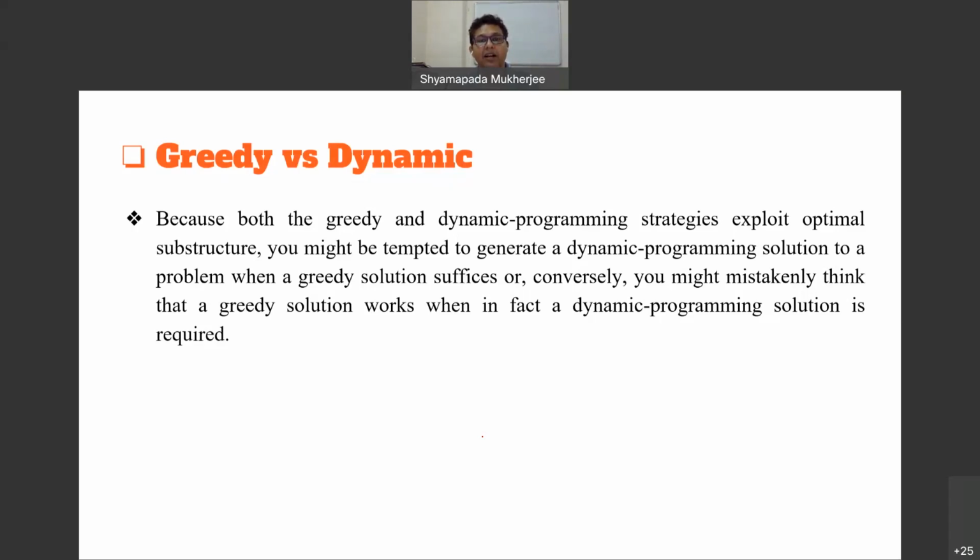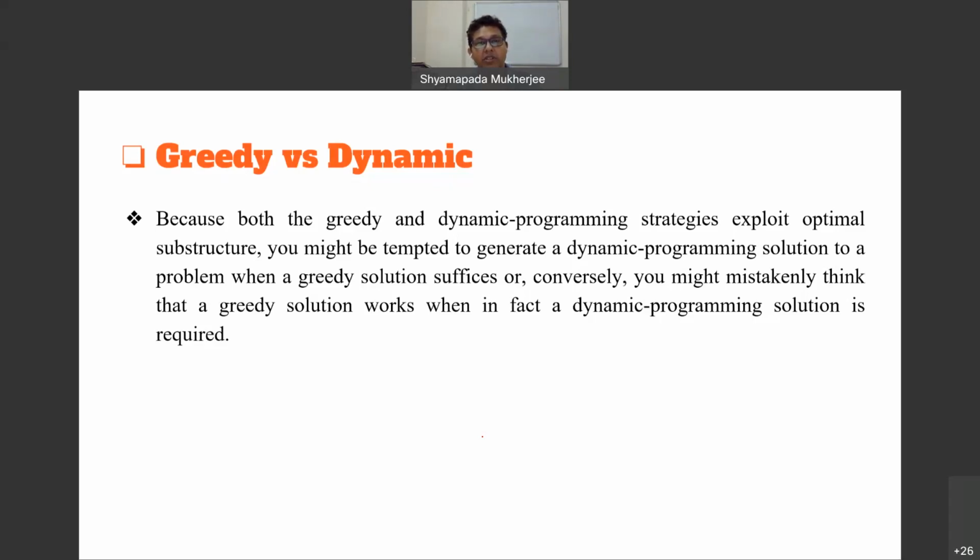And confusion may arise because of the elements or steps we discussed just now: in dynamic programming, the four steps we apply are actually based on optimal substructure along with overlapping subproblems, and the greedy algorithm also looks like optimal substructure. So confusion may arise that sometimes we try to solve a problem using the greedy strategy, but actually it cannot be done.